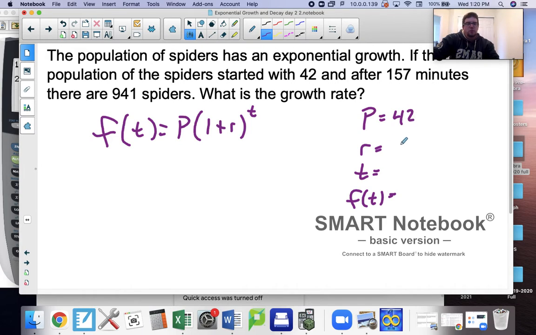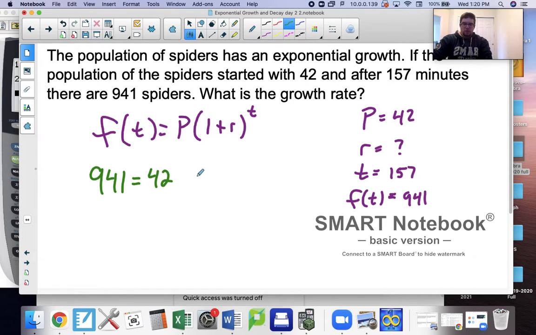They started with 42. We don't know the rate. 157 minutes. We now have 941 spiders. We plug all of that in. 941, 42 for P, 1 plus R, and then T is 157.